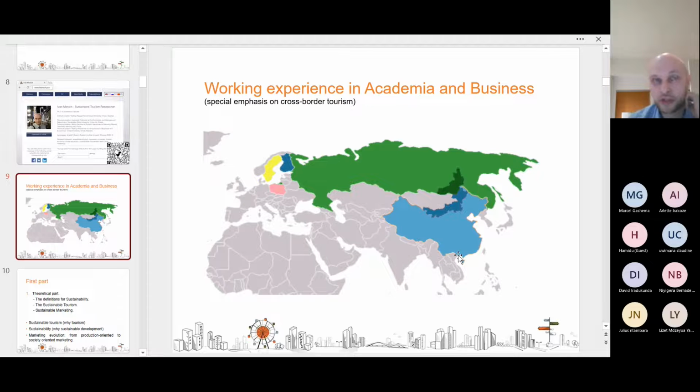So I'm researching transboundary tourism, and that's why, as you see, I was working close to the border there. And the last project was cross-border tourism between Finland and Sweden. Also in Poland, Wyższa Szkoła Gospodarki, which is the University of Economics in Bydgoszcz.